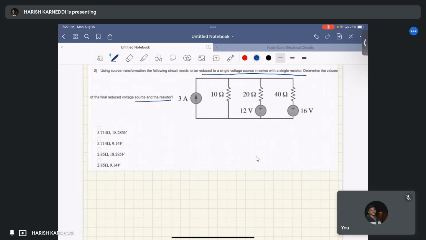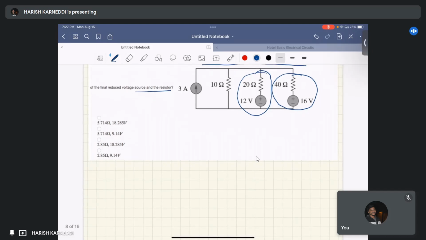First, we will transform this voltage source in series with the resistance into a current source in parallel with the resistance. We are transforming the first one, 20 ohm plus 12 volts, into a current source in parallel with the resistor.